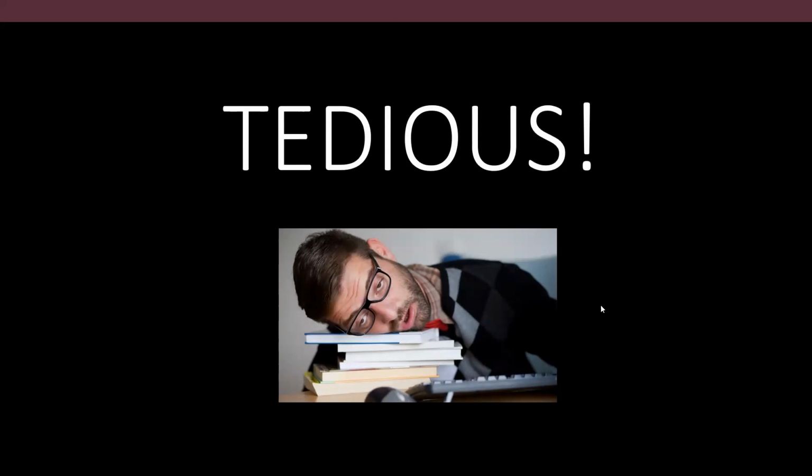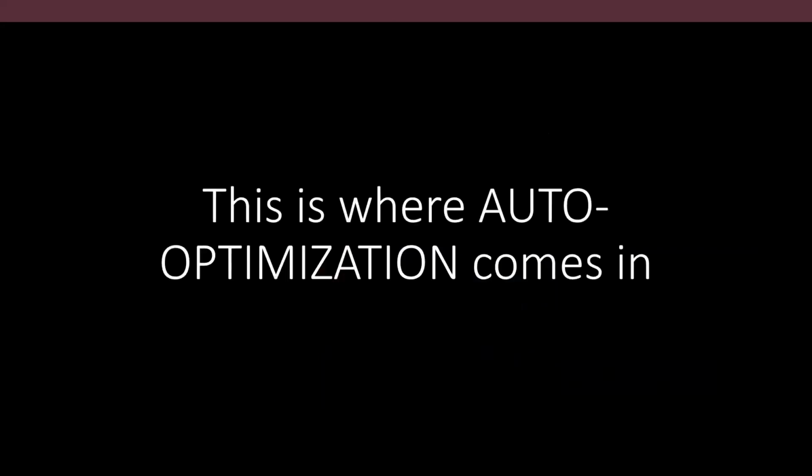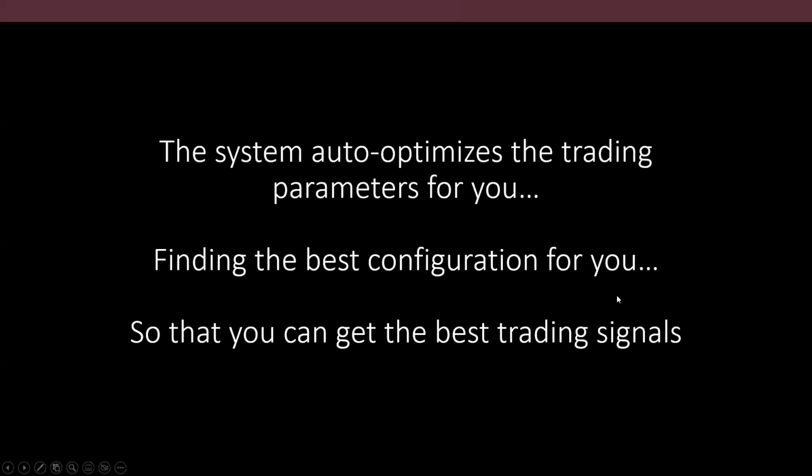So this is why we actually elevated our indicators to the next level. As of today, available for NinjaTrader, we have integrated an auto optimization feature directly into our indicators, which will find the best configuration in terms of parameters automatically for you.